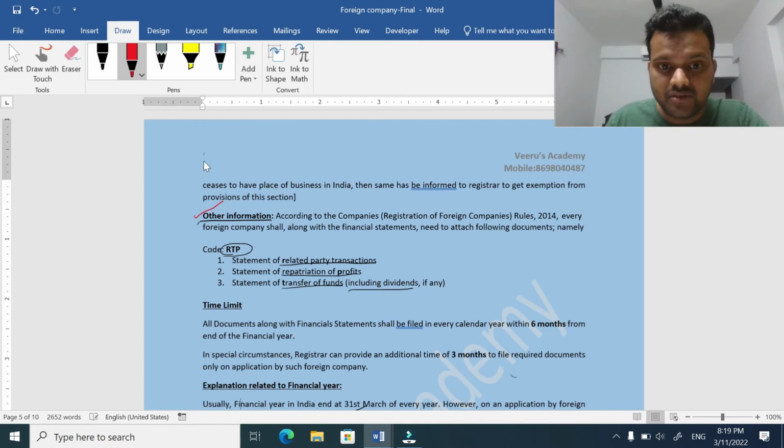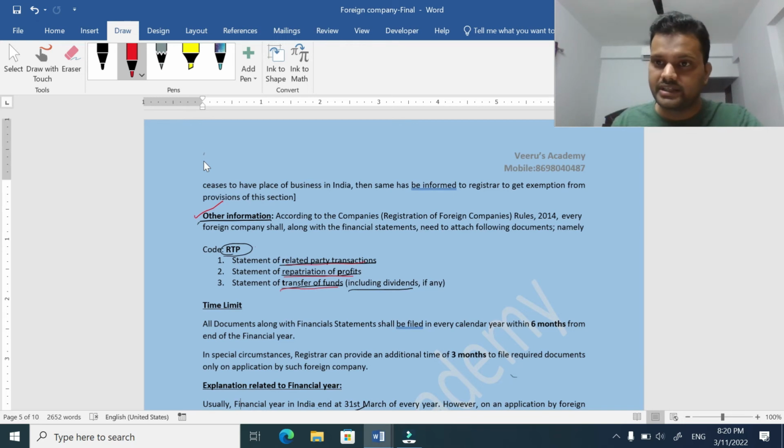First one is a statement of related party transactions. Whatever related party transactions they have, they have to provide a statement annually, every year. Second, repatriation of profits. If there is any repatriation of profits from this branch office to the holding company, that is a statement related to that repatriation of profits. Transfer of funds. Is there any intercompany transaction like transfer of funds between this branch in India and another branch in another country, or with the holding company?